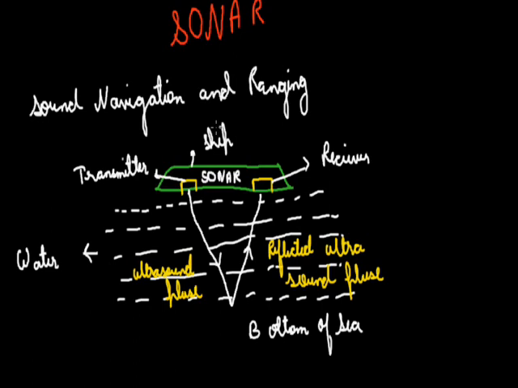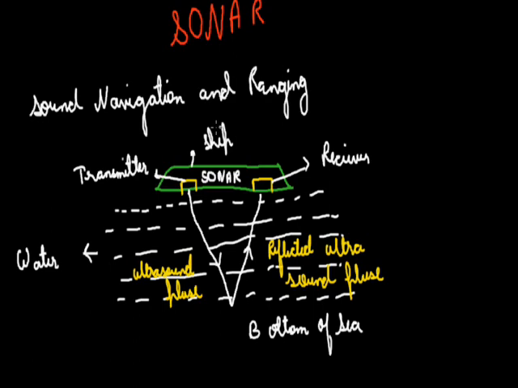Now, as we see in the figure that there is a ship which is over the water and it has a sonar device which is attached to the upper side of a ship. By using this sonar device, we want to measure the depth of a sea that is below the ship.